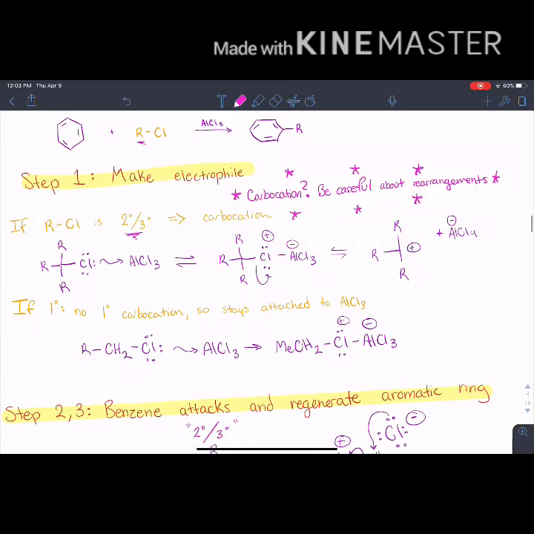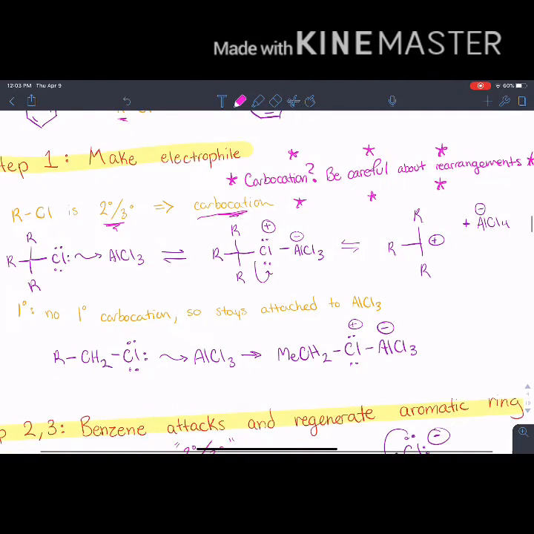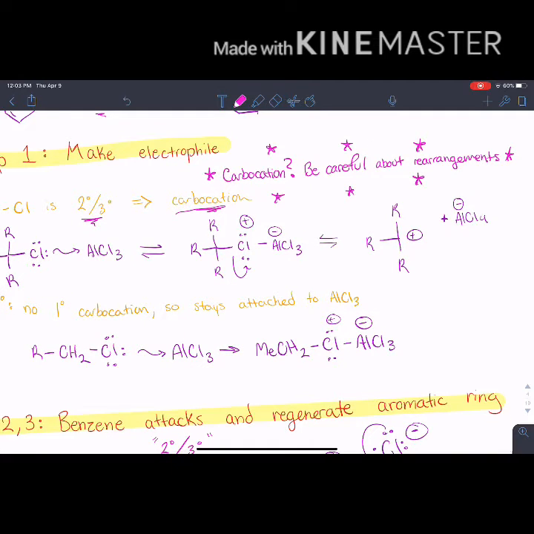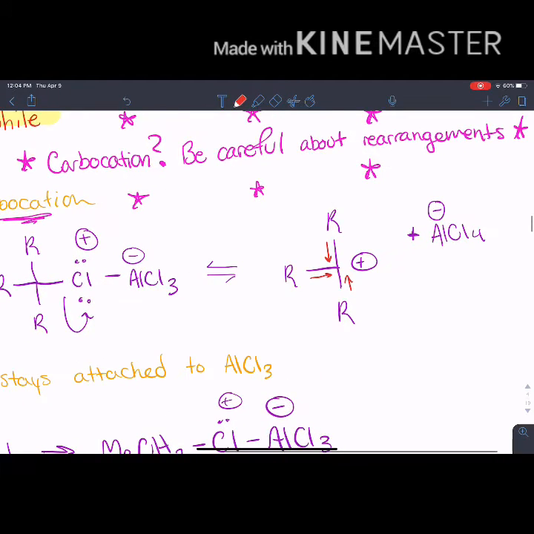So if it's a secondary or tertiary alkyl halide, you're going to create a carbocation, okay? That's because the carbocation can be made and stabilized by the other carbons that are donating their electrons to the positively charged carbon. They're not completely donating it, but their electron density is being pulled towards the positively charged carbon that stabilizes the positive charge.